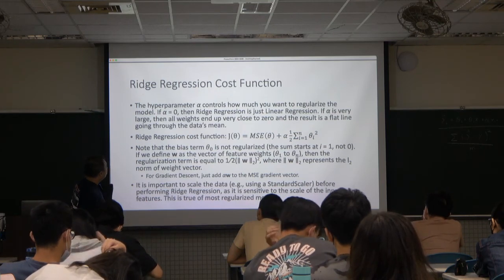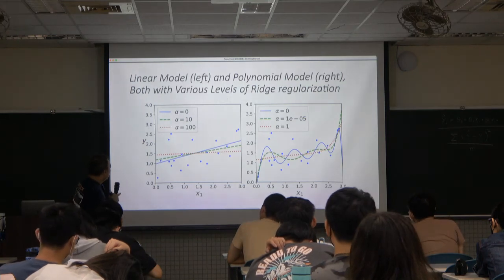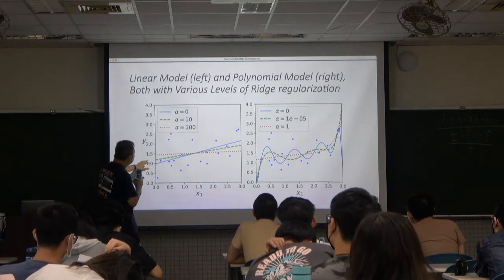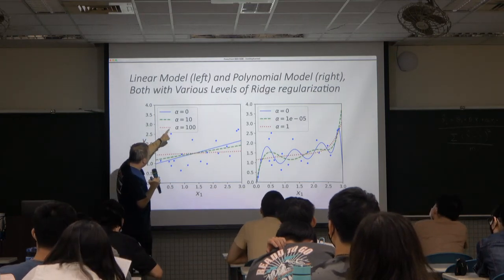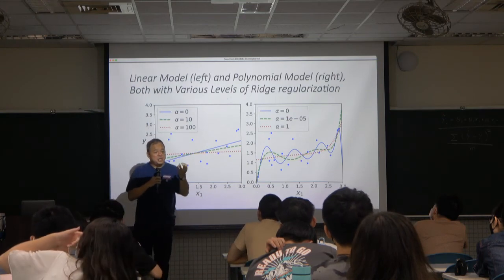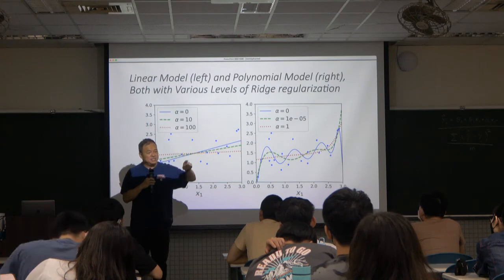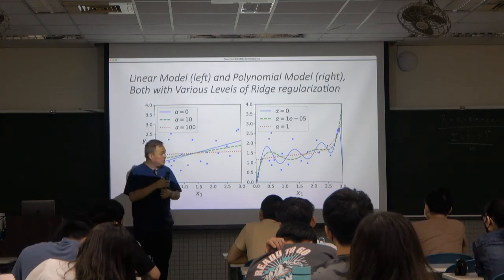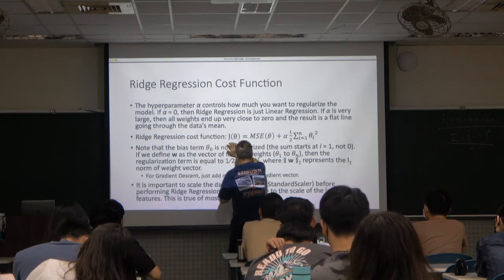The other one is called... let me first show the result of the ridge regularization. Depending on the value of alpha, the higher the alpha is, the more constraint it puts on the theta i, because of this cost function.